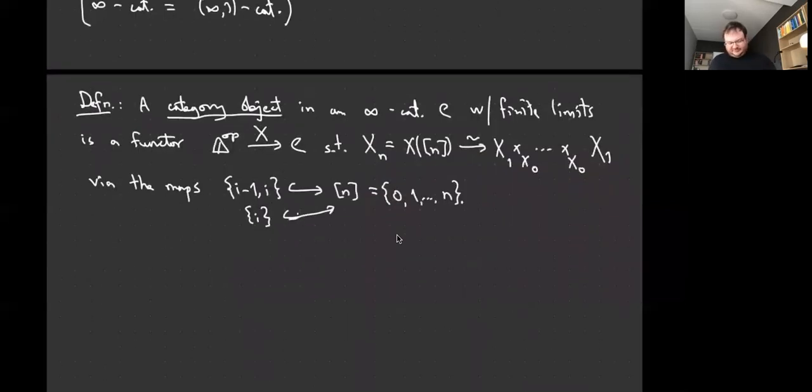So why is this a category object? Well, if I take C to be just the ordinary category of sets, then these category objects are just the usual notion of category.